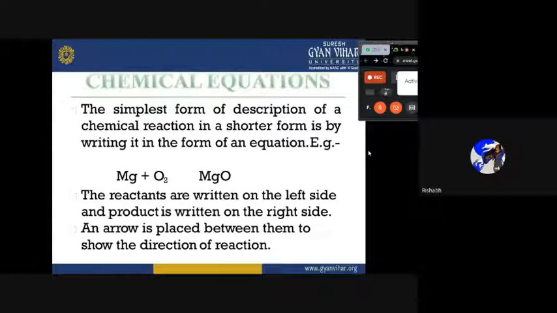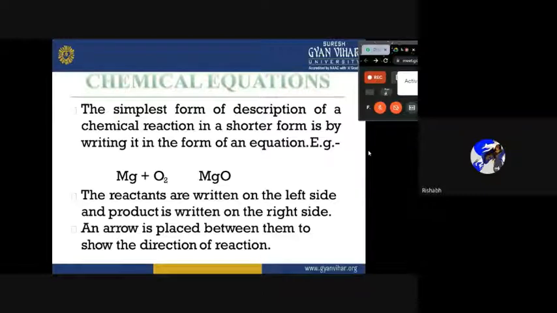Here in this example, magnesium plus oxygen are reacting and producing the product MgO, magnesium oxide. Here an arrow is missing in between, but you can see the magnesium and oxygen are the reactants and MgO is the product.